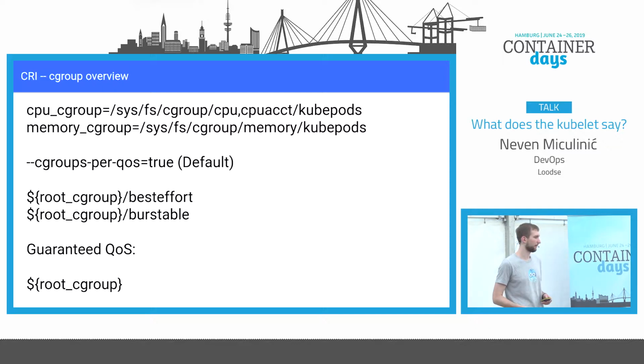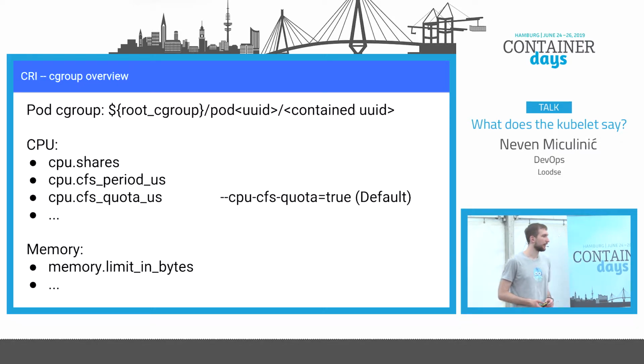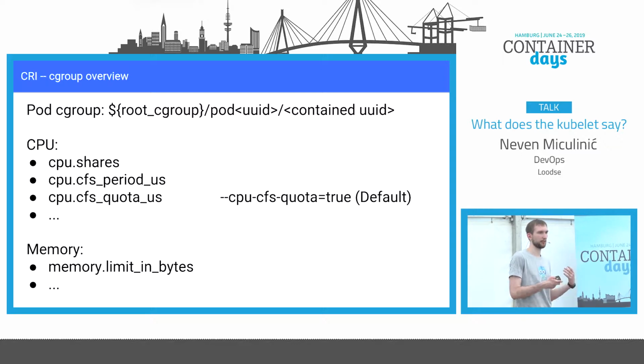are run via kubelet. There is a special flag with kubelet called cgroups per quality of service. If this is true, you will have another folder per each quality of service. So one folder for best effort, for burstable, and the guaranteed quality of service is in the root cgroup, so this kubepods. And kubelet and the container runtime basically configure the parameters for CPU and memory to enforce the CPU requests and limits and memory limits.